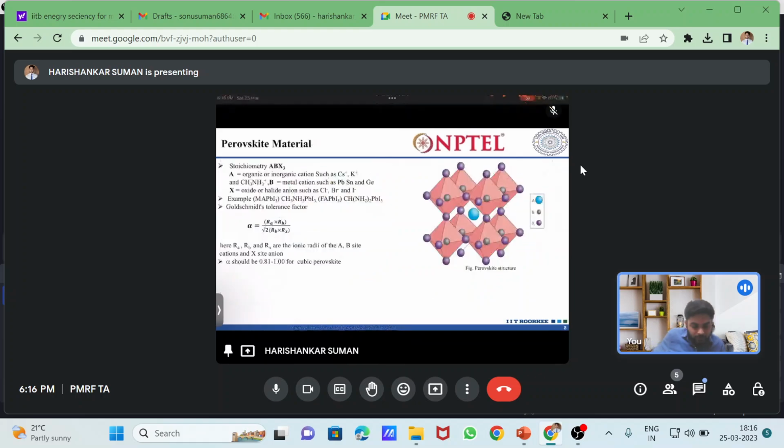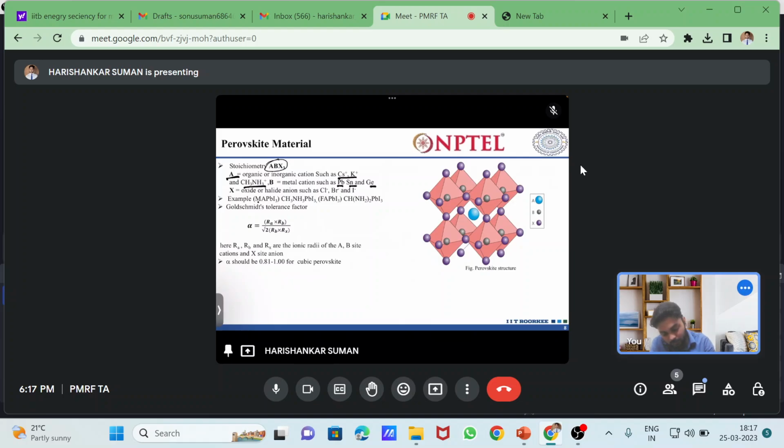Okay, so let's talk about perovskite material. ABX3 like structure has the stoichiometry of perovskite, where A is organic or inorganic cations, such as methyl ammonium, formamidinium, potassium, cesium. B is a metal such as lead, tin, and germanium, while X is a halide or anion, chlorine, bromine, like that.